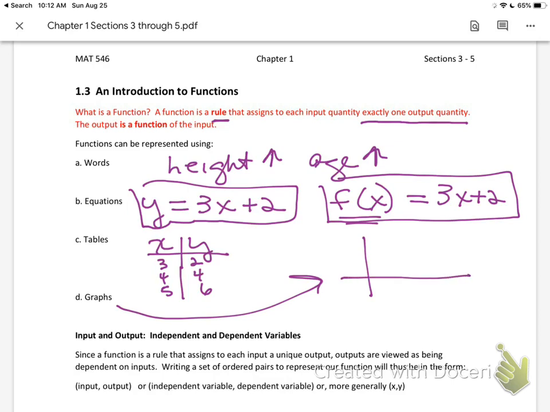For example, if my y-intercept is 2 and the slope is positive 3, it might look like this. You would then be labeling your axes and indicating how you go up on your x and y axes. So there are 4 different ways, words, equations, tables, and graphs, to express a function.